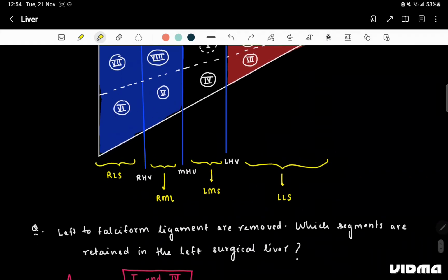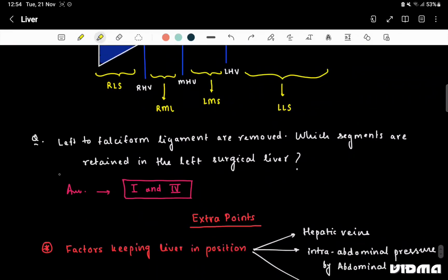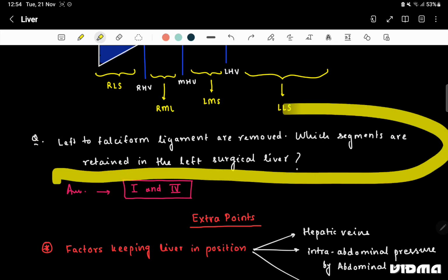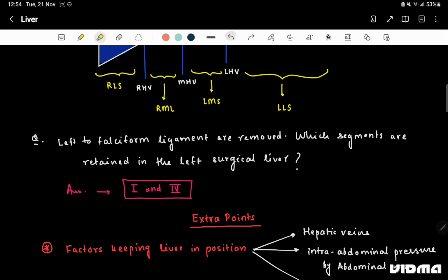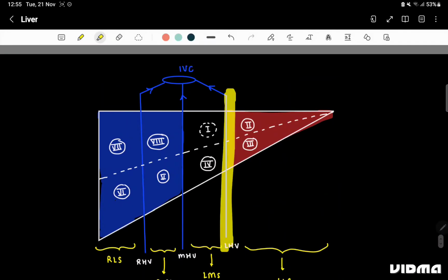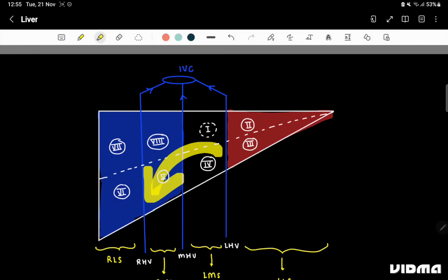Understood? The parts of the liver left to the falciform ligament are removed. Which segments are retained in the left surgical lobe? You can say left surgical lobe. So left to the falciform ligament is removed. Let's draw this: the falciform ligament must be present here, and the parts left to the falciform ligament are removed.